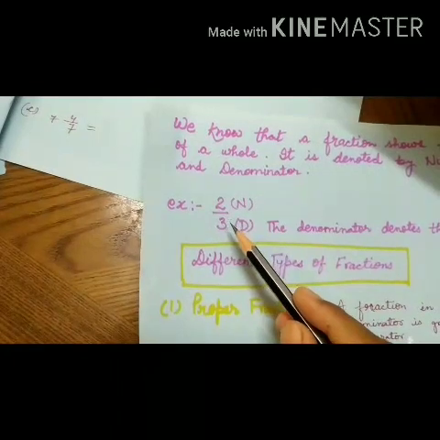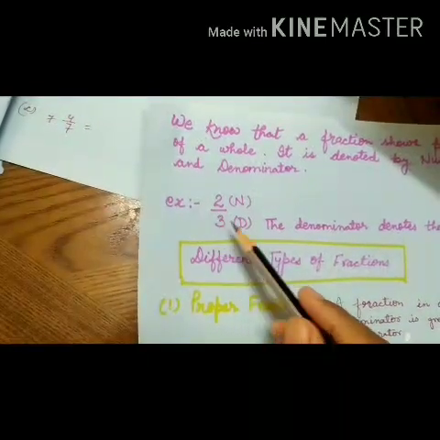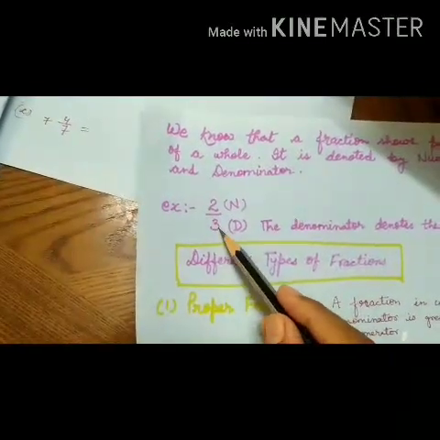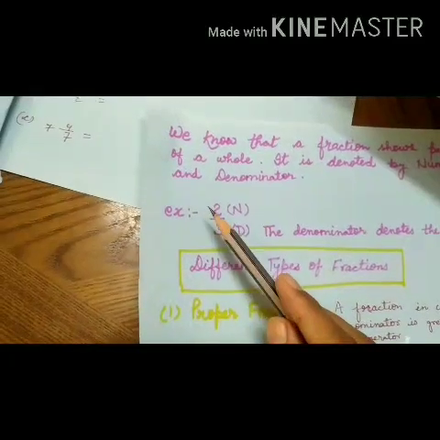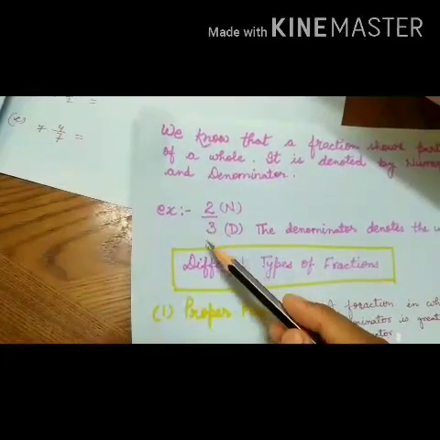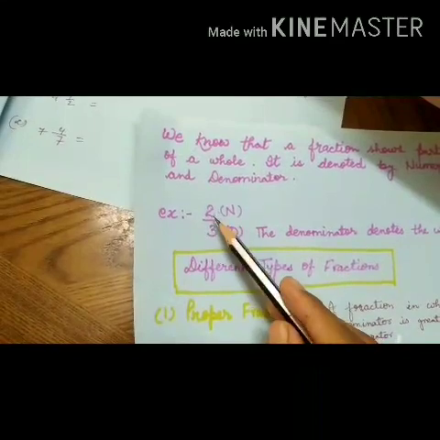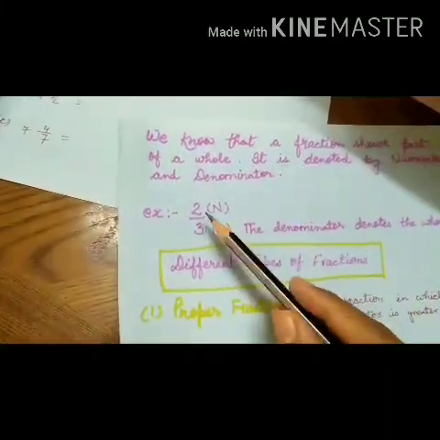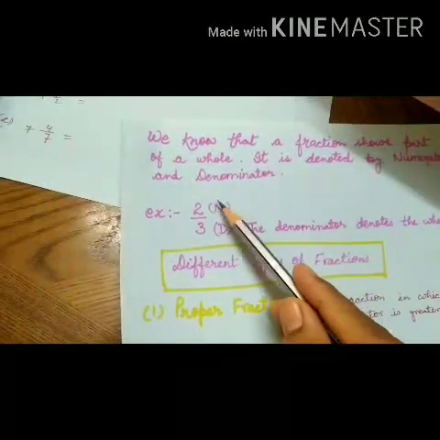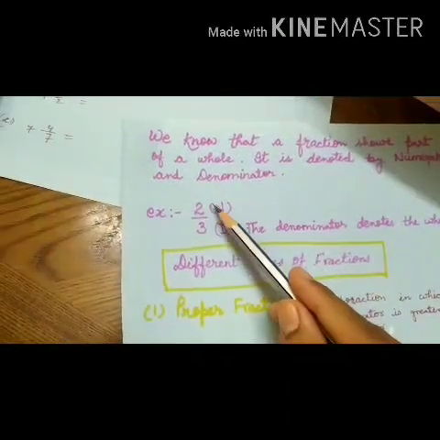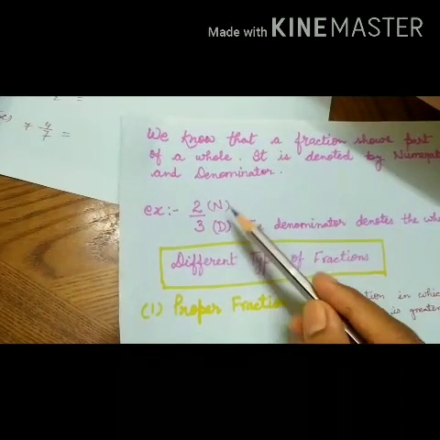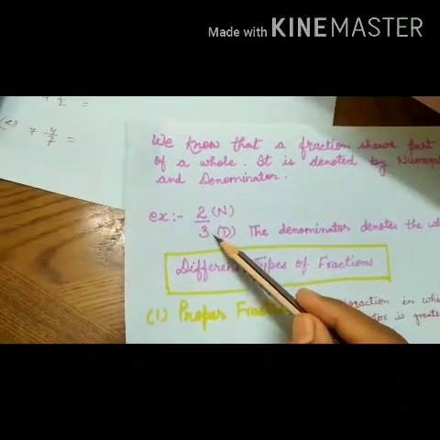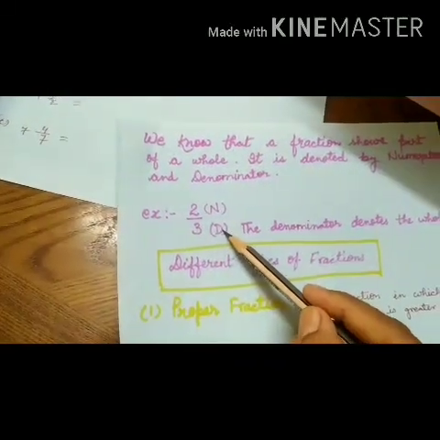We have a paper or a chocolate which has 3 parts, and I have given 2 of the 3 parts to 2 people and I still have one part left. So in 2 by 3, its top number is called the numerator and its bottom number is called the denominator.